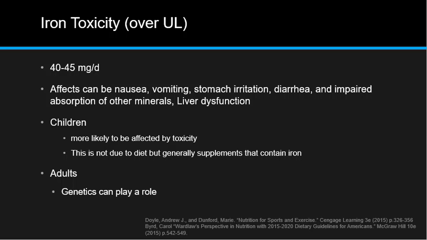There's this thing called hemochromatosis, and it affects about 1 in 500 people, so it's pretty rare. But there's this thing called hepcidin, and it usually will degrade the transport protein ferroportin.